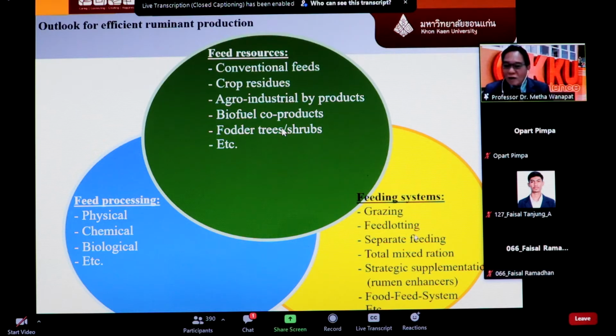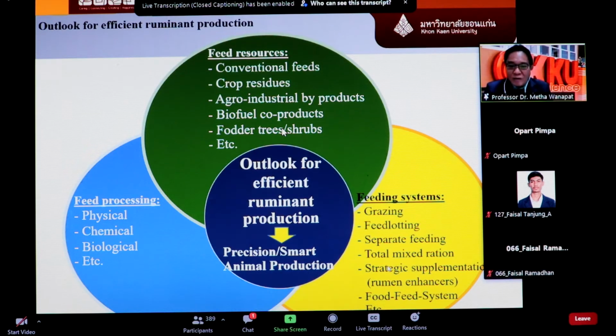What were they? What are they going to be, right? In order to most effectively utilize the system and the classes of feed resources down to the nutrients. Okay, all of this together has to be identified for the efficient ruminant production in the future, especially now.